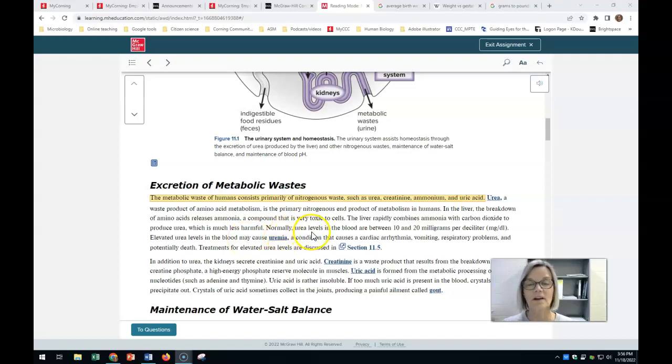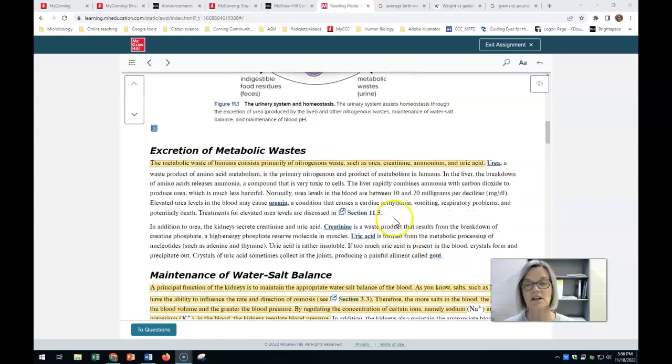So what the kidneys do is scrub this urea out of the blood and keep the urea concentration in the blood constant. If you have too much urea, called uremia, you can get cardiac arrhythmia, meaning your heart's going to beat irregularly, vomiting, respiratory problems, and potentially death.